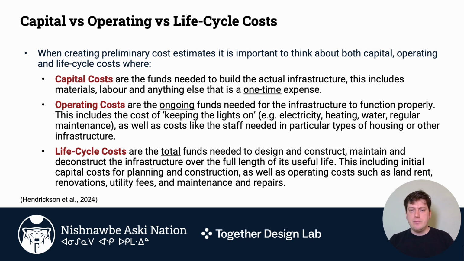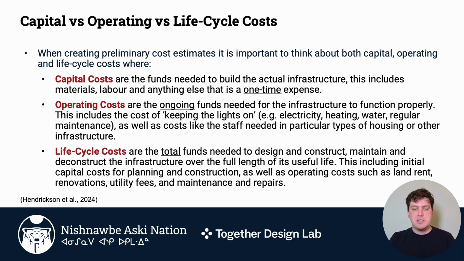And for the majority of this course, we're going to be talking about capital costs. Those are the one-time upfront costs that have to be spent to build the house. It's the labor, the material costs. It's everything that it takes to get the structure put up and for someone to be ready to move into it. But there are other costs associated with a house.